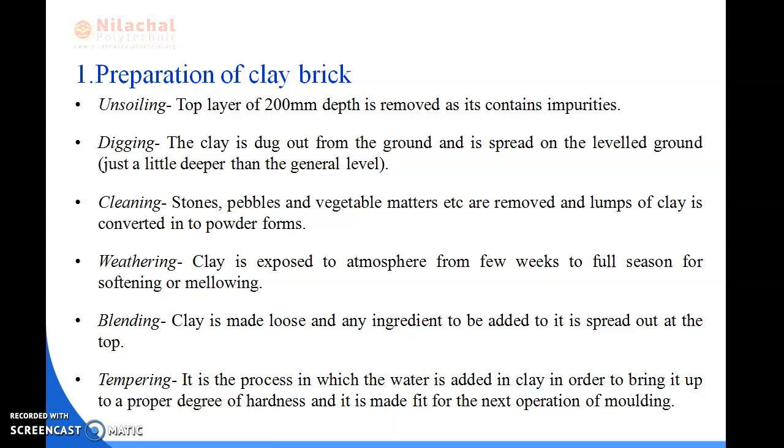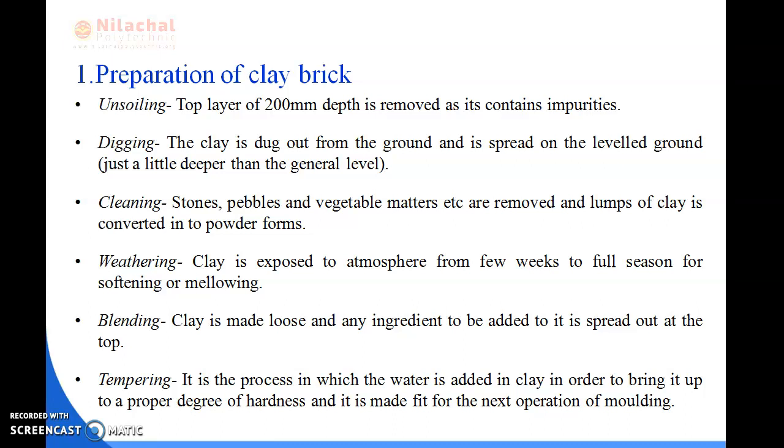After that, digging is done: the clay is dug out from the ground and spread on the level ground. After that, cleaning is done: stones, pebbles and vegetable materials are removed, and if any lump is there, it is converted into powder form.